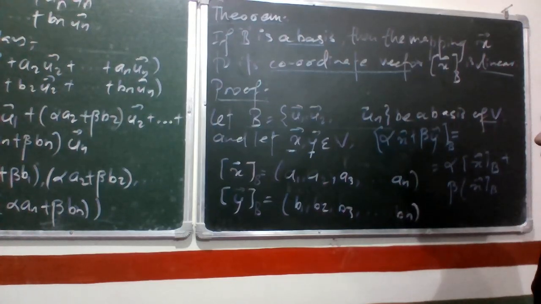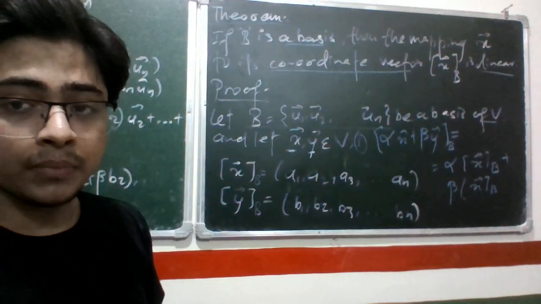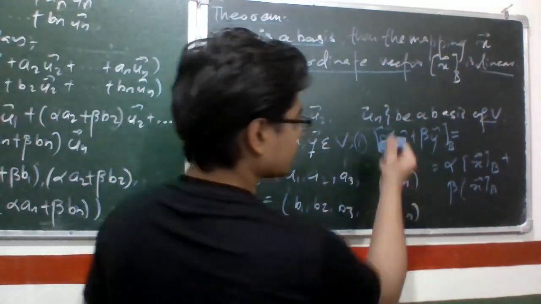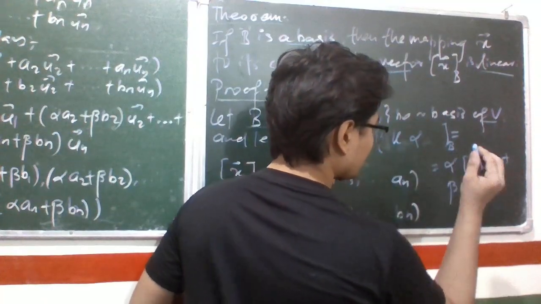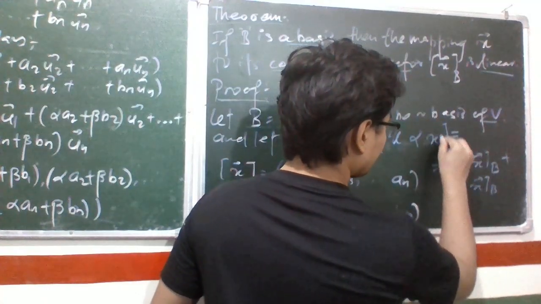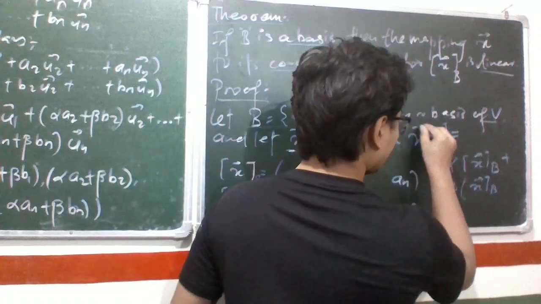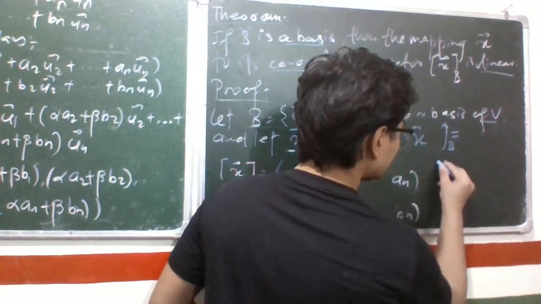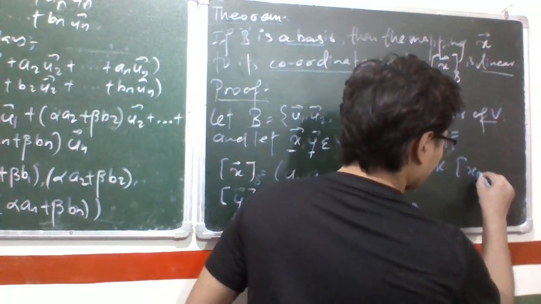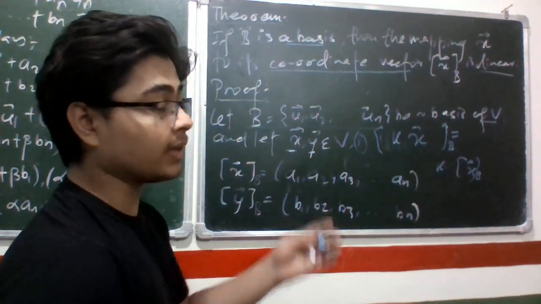That is the first definition of linear mapping. And the second one is, if we consider k times x, then its coordinate vector is equal to k times x of b. This is the second definition of linear mapping.